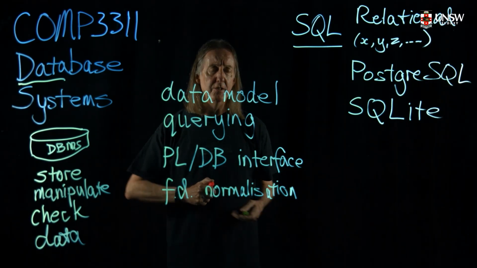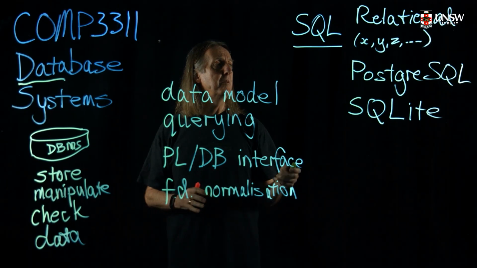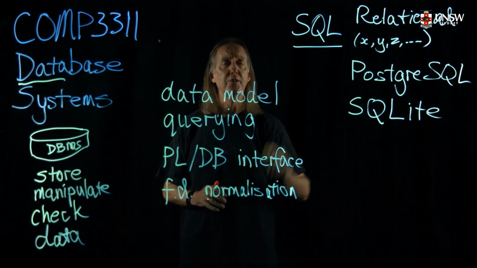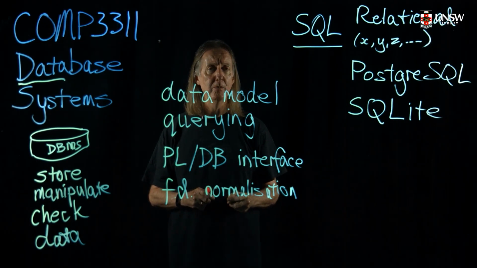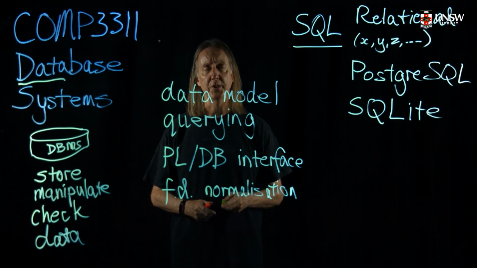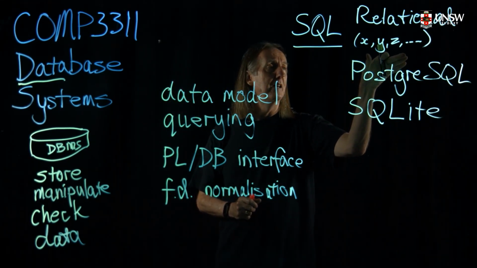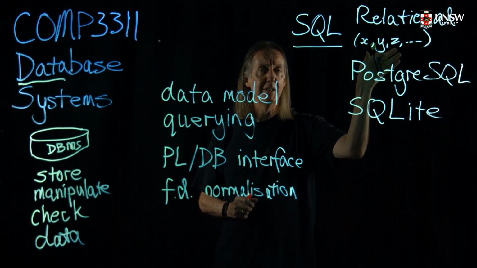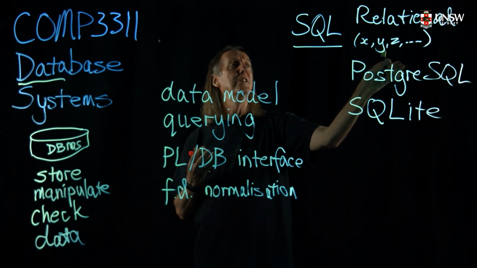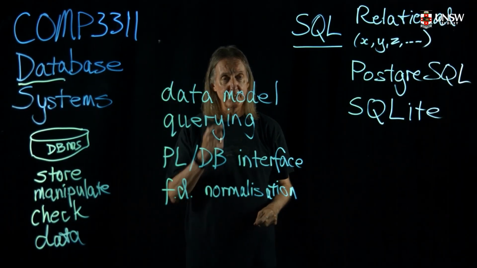There's a lot of nice mathematics that go on with that, and in fact I should have probably pointed out that the relational data model is a mathematical model, and it's a really nice example, one of the nicest examples in computer science, I think, of a context where a mathematical model of some computational process maps very nicely onto an actual implementation.